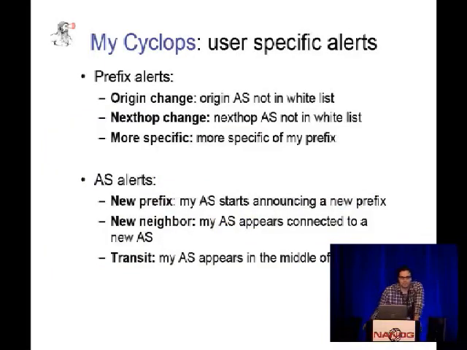The types of alerts the tool includes right now: we have alerts that work on the prefix level, and alerts that work on the AS level. On the prefix level, there are mainly three types of alerts. Origin change can be triggered either by a prefix hijack or because someone else decided to announce your prefix by misconfiguration. There are also alerts caused by next hop changes, if your prefix always goes through a certain provider and suddenly switches to a second provider.